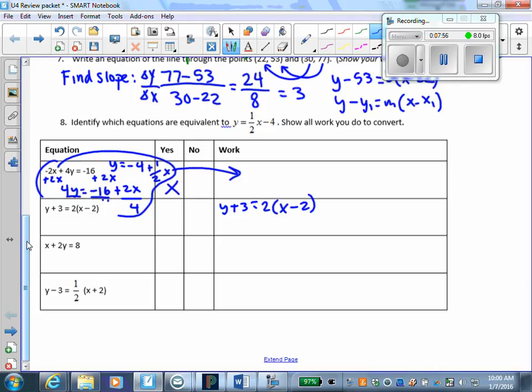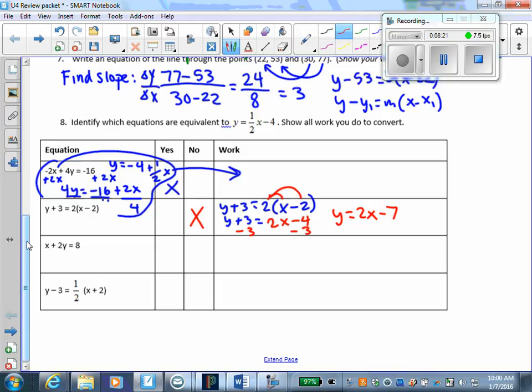This is in point slope form. y plus 3 equals 2x minus 4. Now I have to subtract this 3. So I'm going to get y equals 2x minus 7. That is not equivalent, so I put a no. 2x is not the same as 1/2 x, and negative 4 is not the same as negative 7.